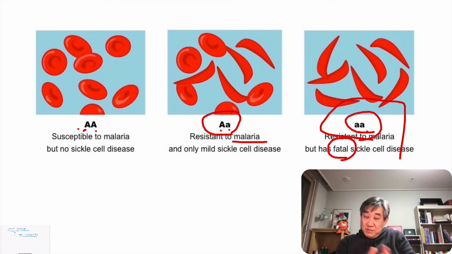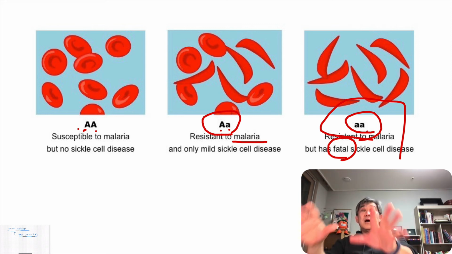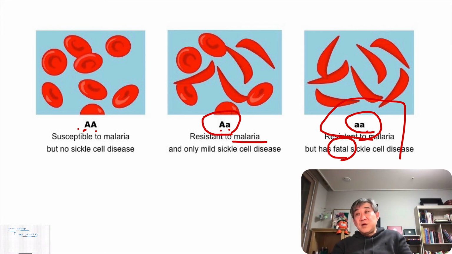The minute that happens, this gene would disappear from the population pool, as you can easily imagine, because that person is not going to live long enough to produce any viable offspring. So more and more the frequency of the mutant allele would go down, right?